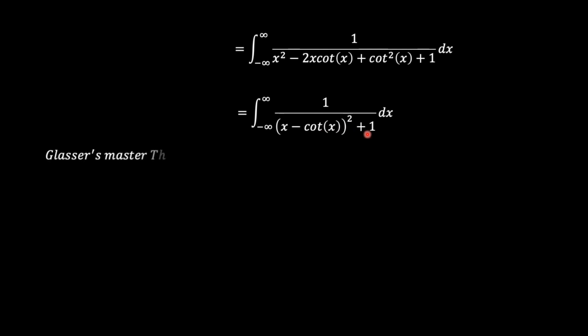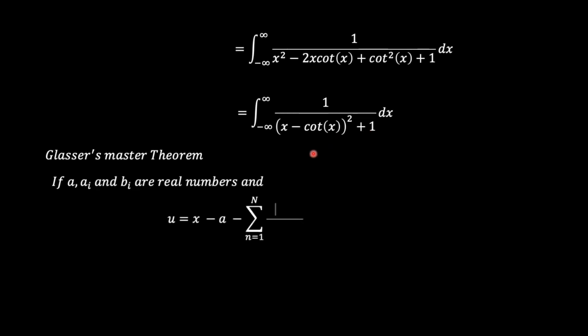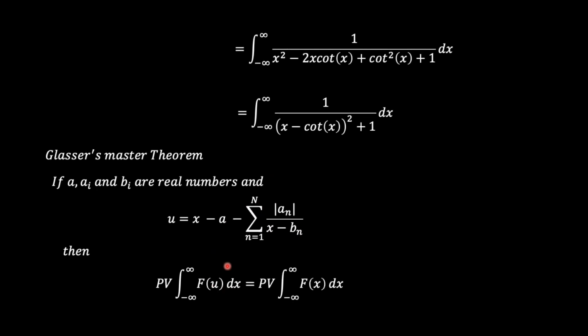So we'll use Glasser's Master Theorem, which states that if a_i and b_i are real numbers, and we have a function u equal to x minus a series of terms as shown here, then the principal value of the integral of f(u), a function whose variable is u, if you integrate that from negative infinity to infinity, is equal to the principal value of the same function, but this time with x being the primary variable under consideration.